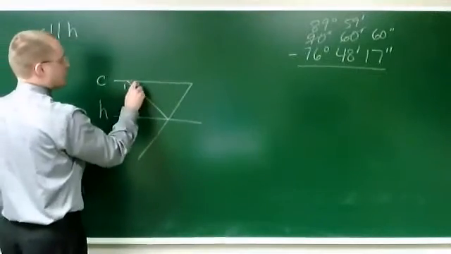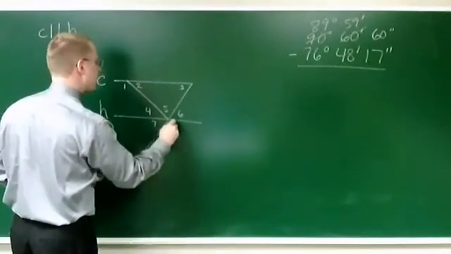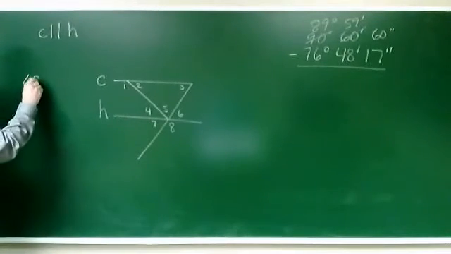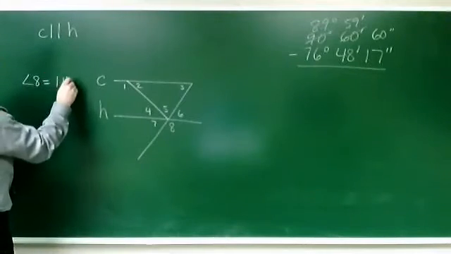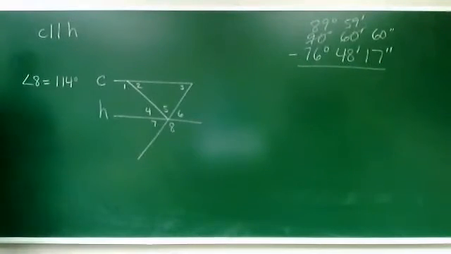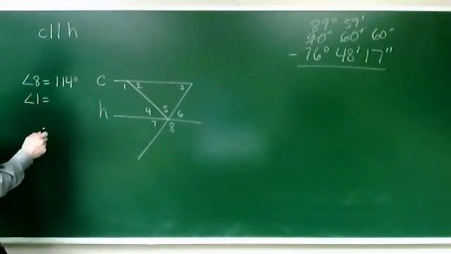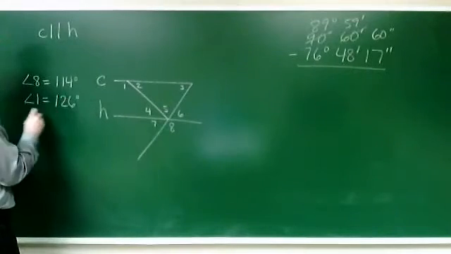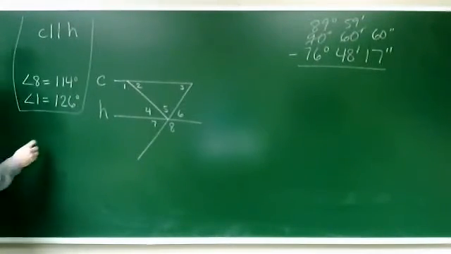Let's number the angles 1, 2, 3, 4, 5, 6, 7, 8. Suppose I know that angle 8 is 114 degrees. And suppose I know that angle 1 is 126 degrees. At your seats, find angles 2 through 7.